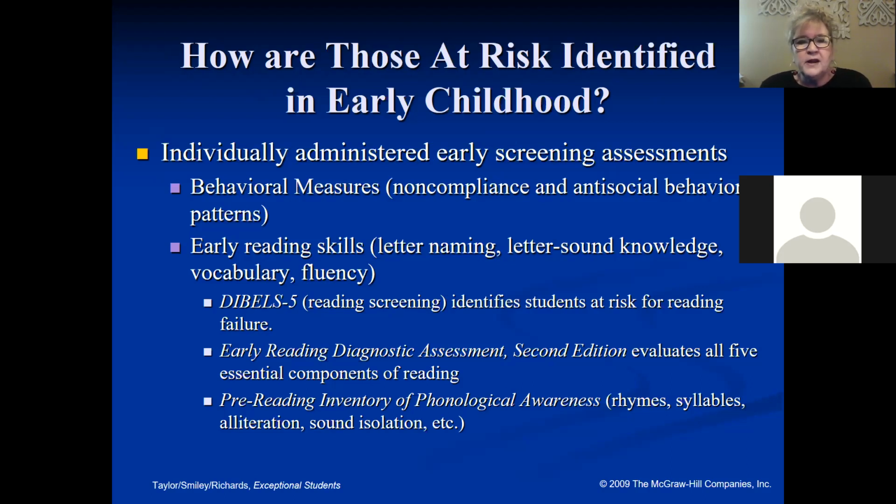There's one called the Pre-Reading Inventory of Phonological Awareness, where we listen to see how children understand rhyming words. Children who have not had a lot of books read to them don't have a lot of this kind of awareness.